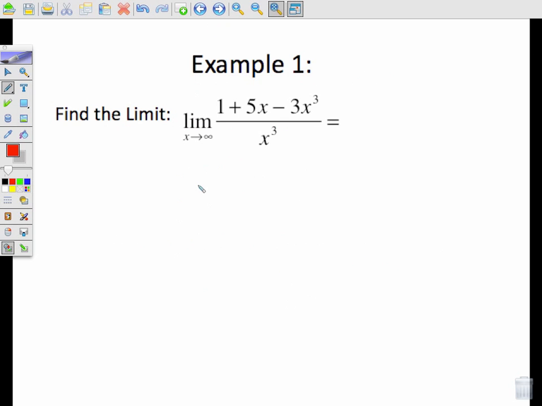Giving us this example right here, what I would do is take the limit as x approaches infinity. I'm going to look at one part at a time.